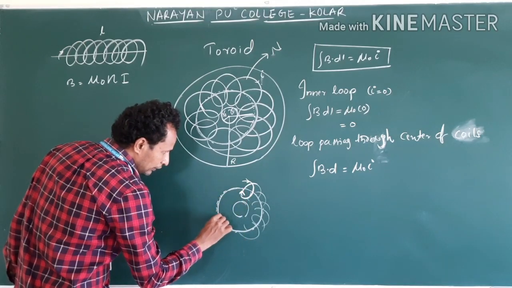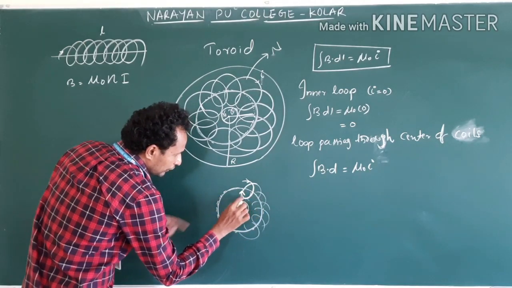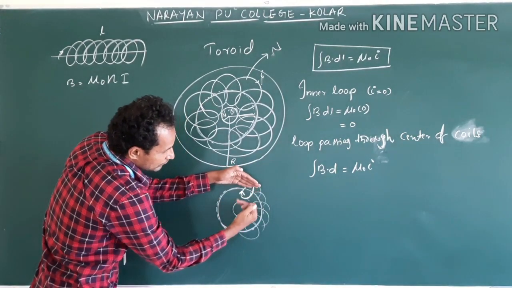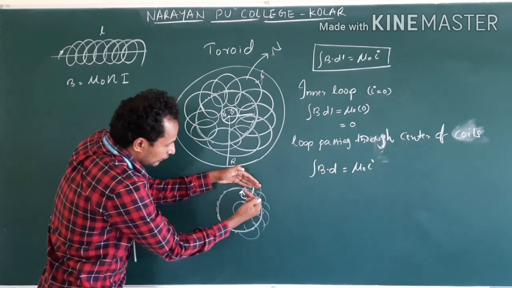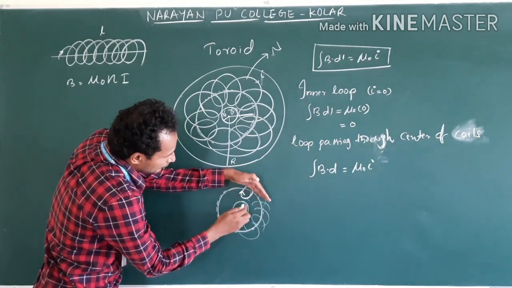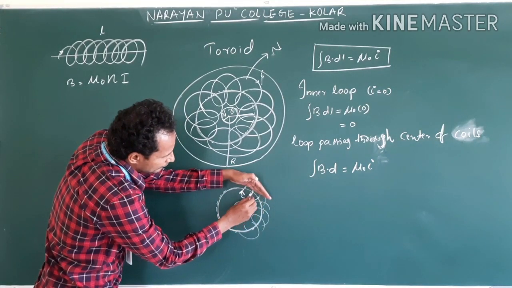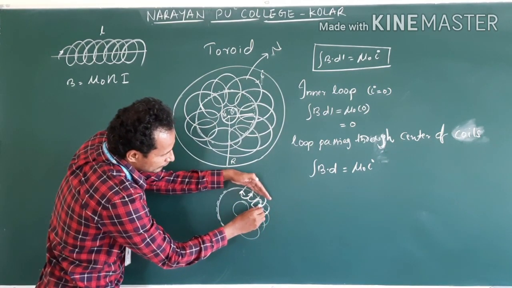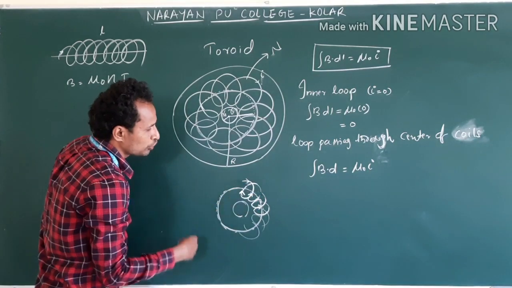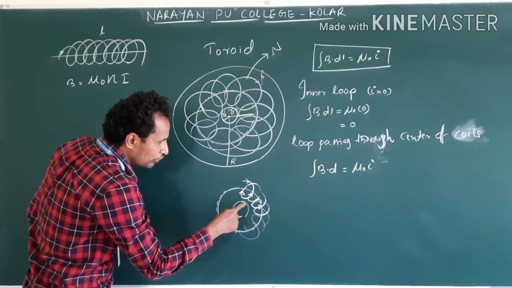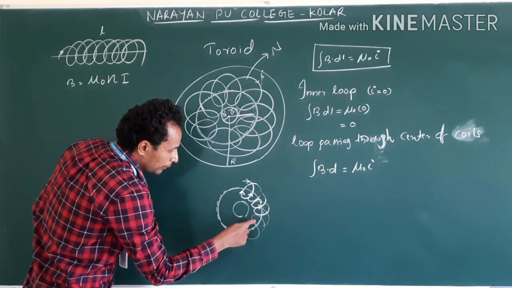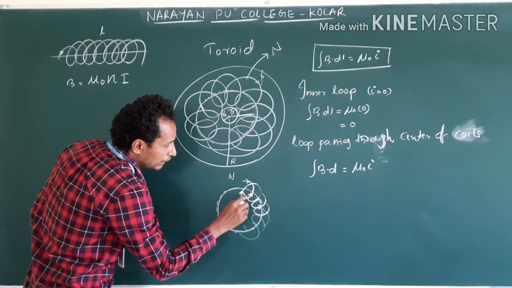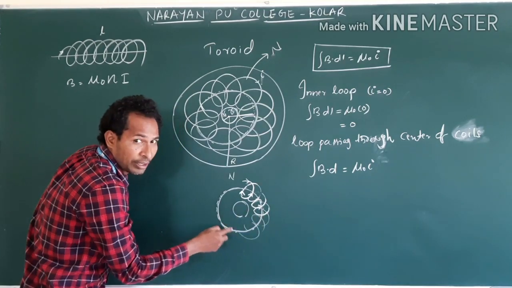I mean, this half portion is outside, the remaining portion is the inner loop, right? Understand? So through this inner loop, from all the coils, current is coming out. So how many currents are coming out? The number of coils. We have N number of coils. Through these N coils, current is coming out.